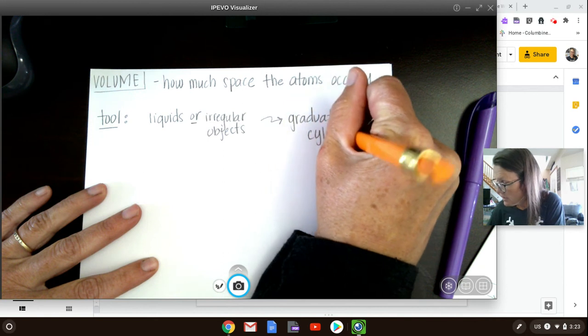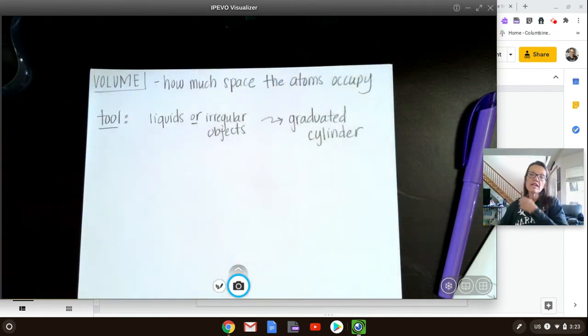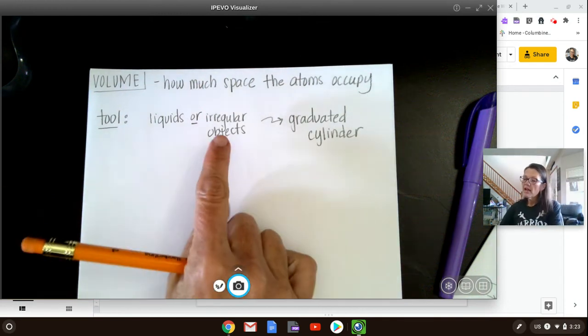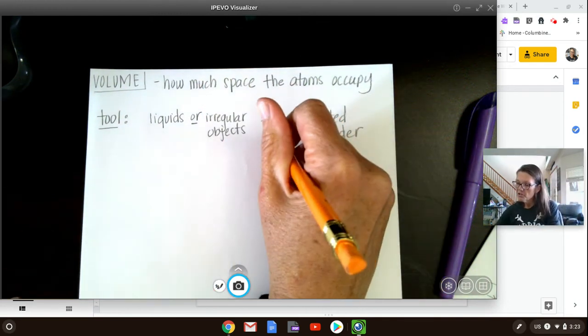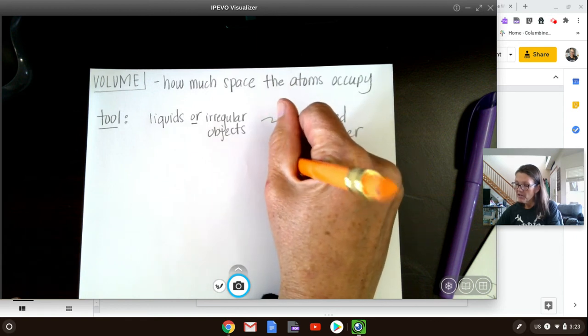So for a liquid, you just straight up pour the liquid into the graduated cylinder and you can measure the volume.